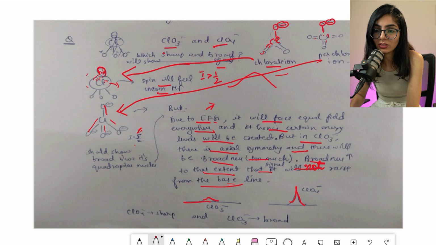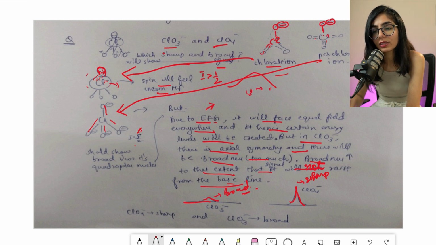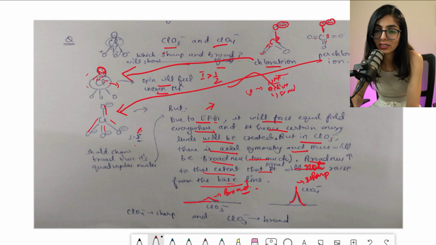Fine. It will be a little bit strong, sharp over here, and it will be broad over here. So remember, this Cl is NMR active, but it is not sensitive. That's why we'll see that its signal is not rising from the baseline.